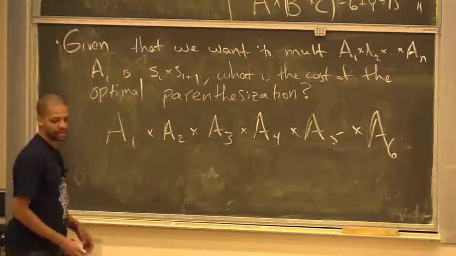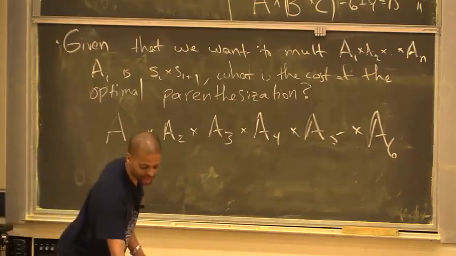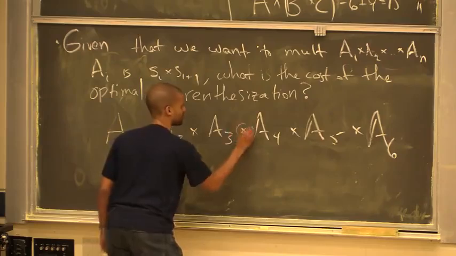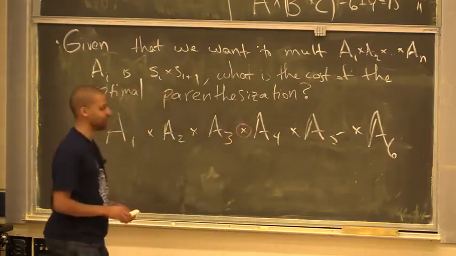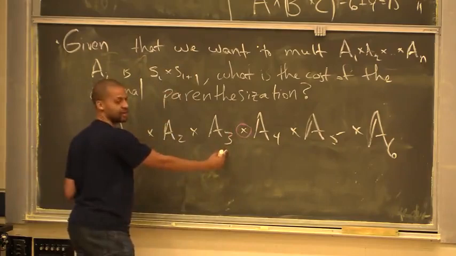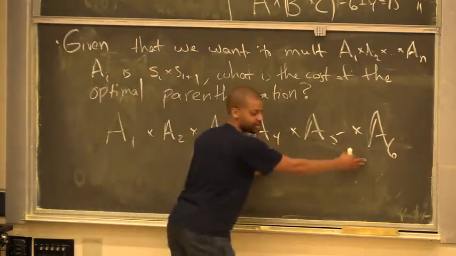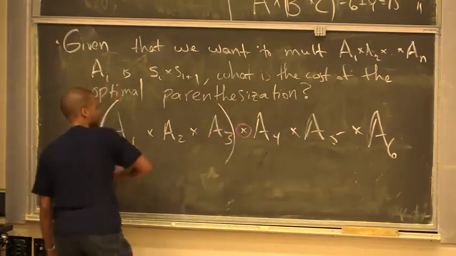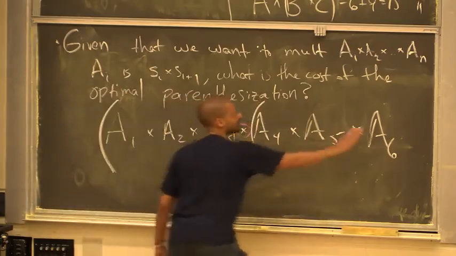There's going to be some final multiplication that's done. Let's say that the final multiplication that's done is this one. What does that mean? It means all of these things need to be multiplied first, and all of these things need to be multiplied first, right? So that means there's going to be some sub-parenthesization of this part, and also of this part.